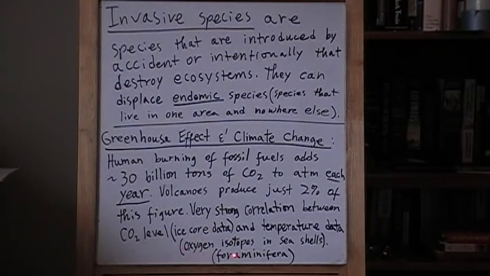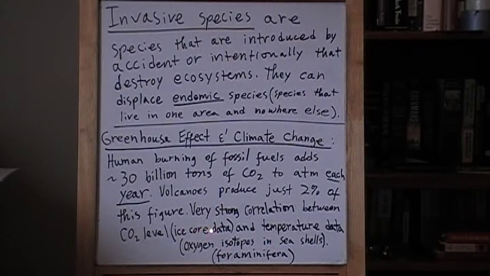The ratios of the different isotopes are an indication of the temperature of the water. And what scientists find is that the CO2 level and the temperature are directly proportional. So the more CO2 in the atmosphere, as measured in ice core data, the higher the temperature.